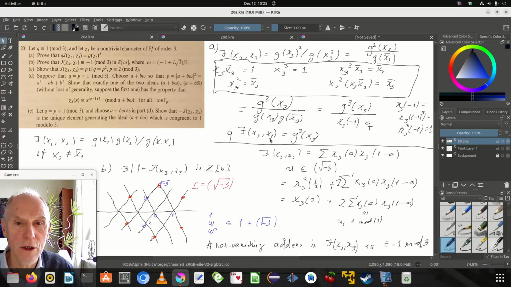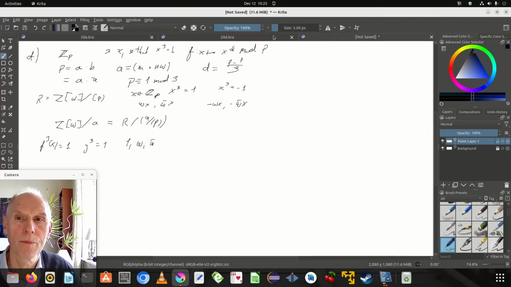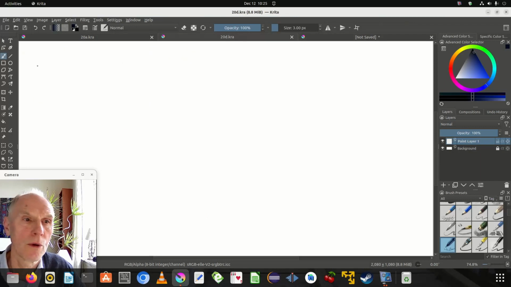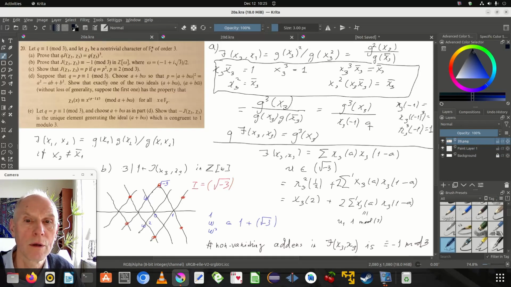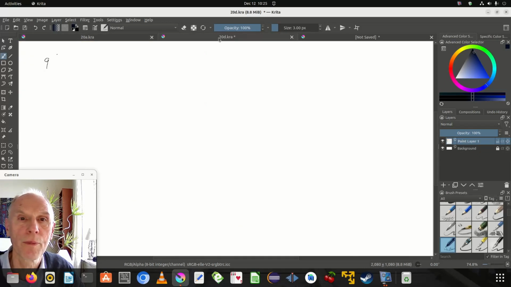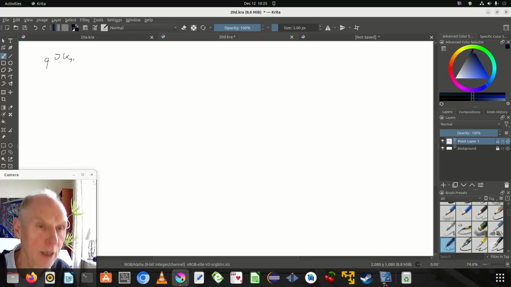Now we come to E. I started looking at this equation and then taking the modular. Is it P? Now it's Q. I don't want to write that number 3 anymore.